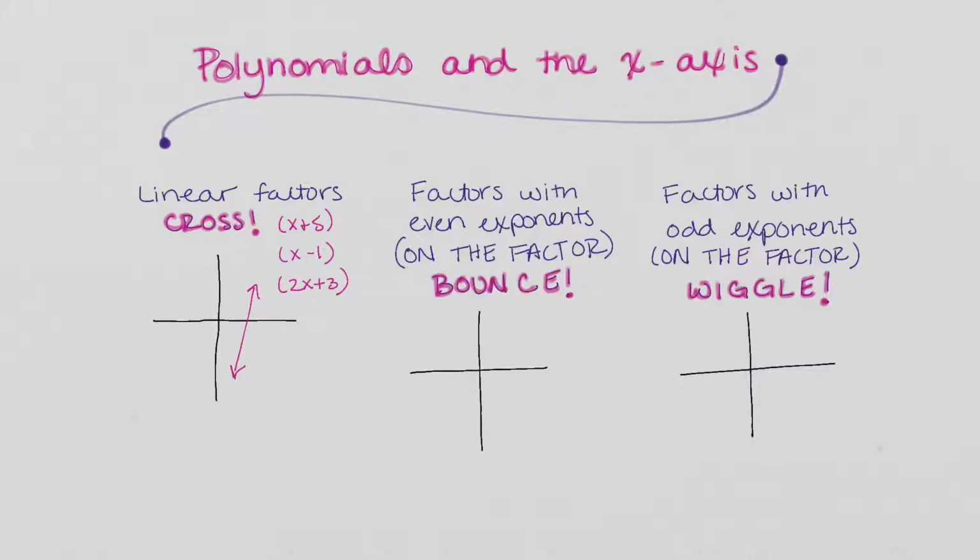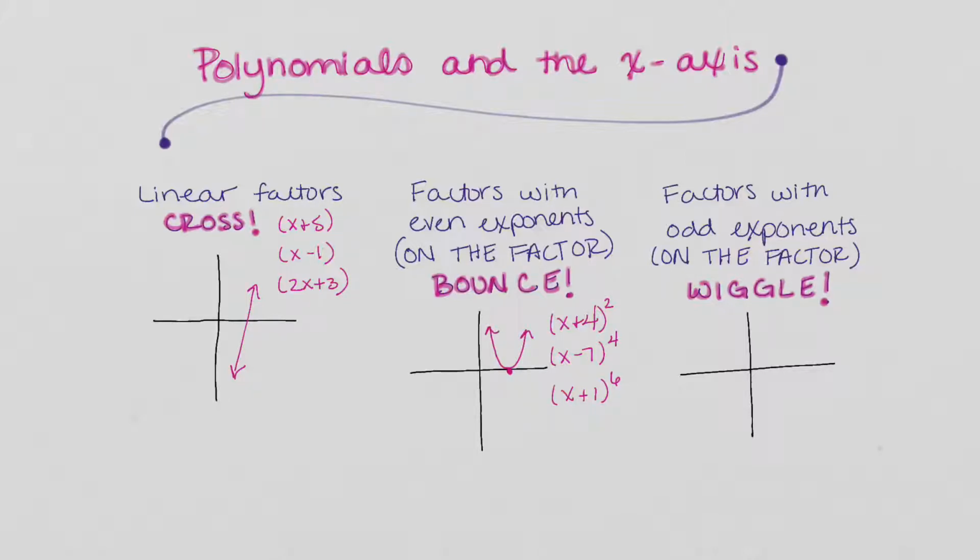Now, if your factor has an even exponent, like (x plus 4) squared, or (x minus 7) to the 4th, or (x plus 1) to the 6th, then your factor is going to create a zero that bounces. So your graph will touch the x-axis, but instead of crossing through the x-axis, it will bounce off the x-axis.